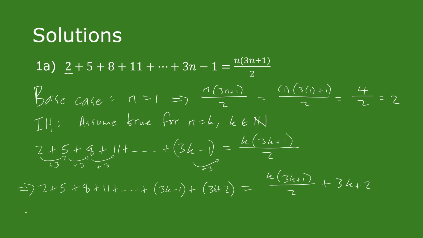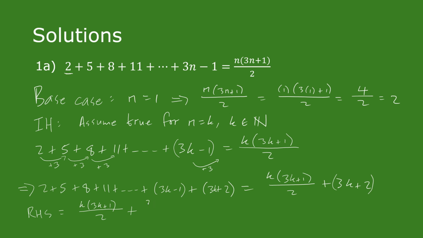Now let's just focus on the right hand side. So the right hand side, let's try and simplify it here. So we have k times 3k plus 1 over 2. Let's put the term 3k plus 2 over 2. So we must multiply the top and bottom by 2.